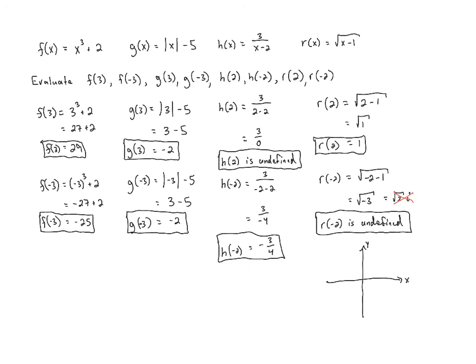So we know that's to the left 2. But the y value, root 3i, just doesn't make sense in this context because the y-axis only has real numbers on it. It doesn't have imaginary numbers on it. So we would not be able to plot the point negative 2 comma root 3i on the xy plane. It just doesn't make sense.